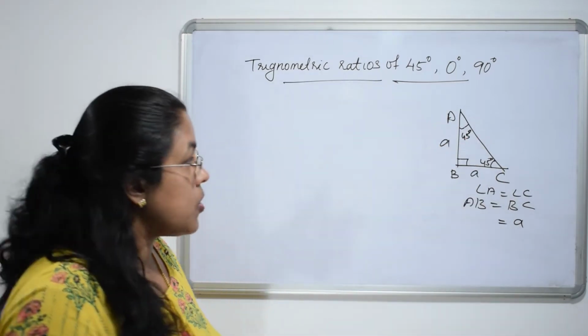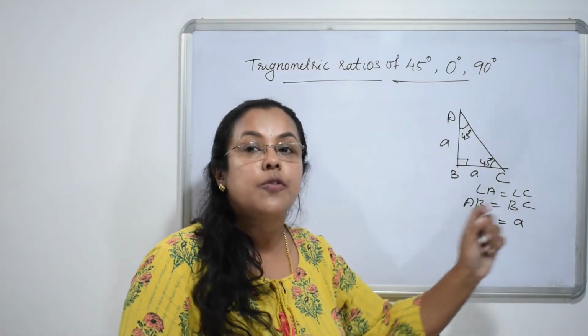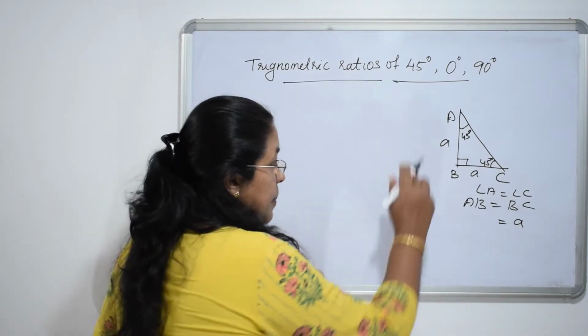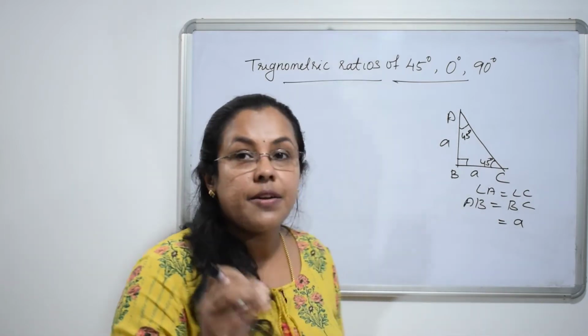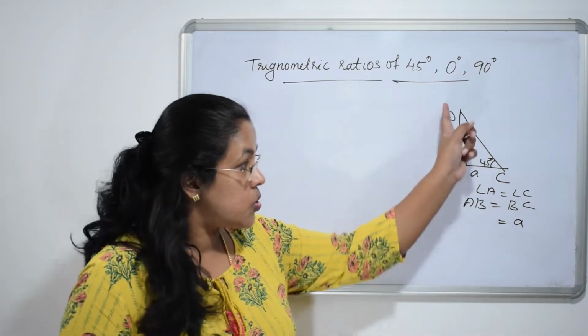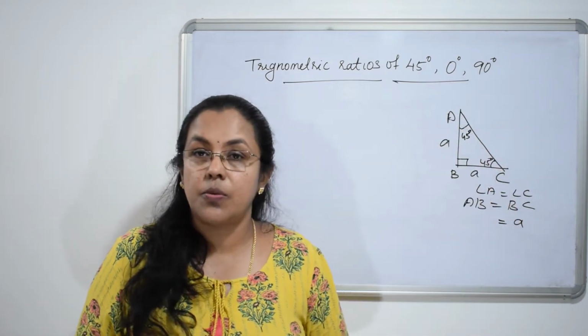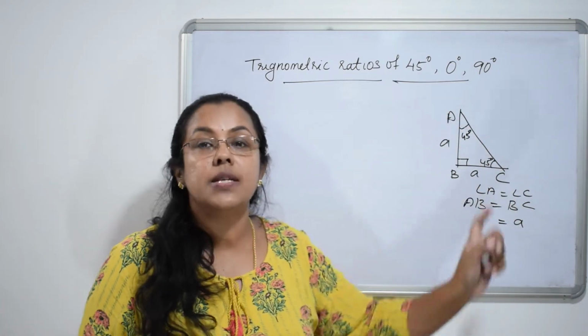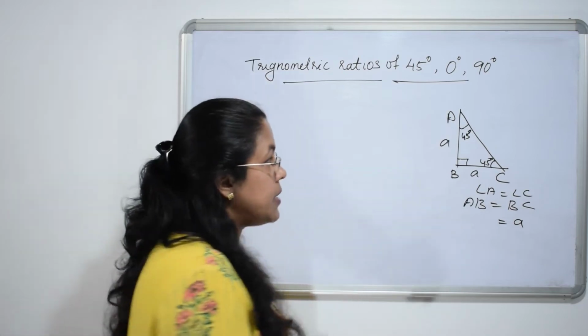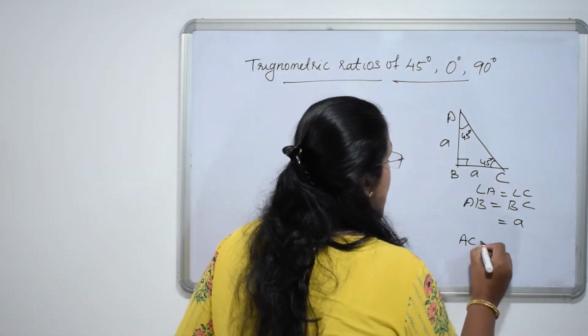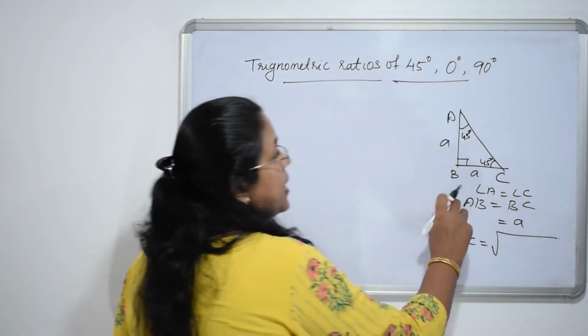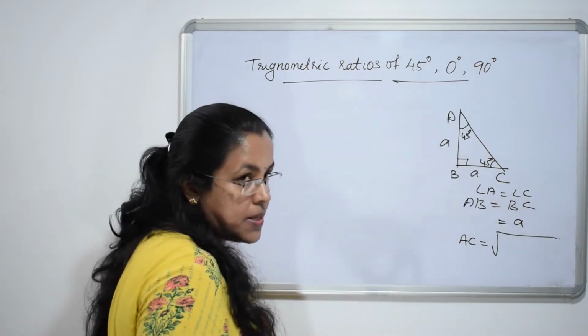Now, using Pythagoras theorem, what about the length of AC? Pythagoras theorem states that in a right angle triangle, square of the hypotenuse is equal to base square plus altitude square. So AC square is equal to AB square plus BC square.